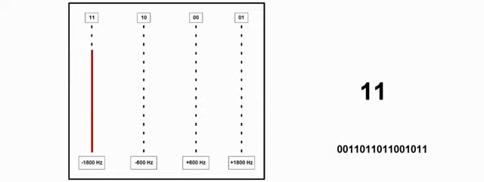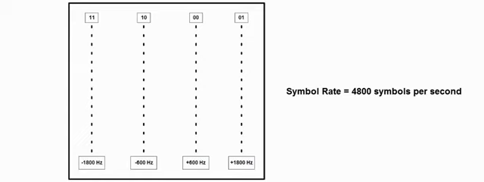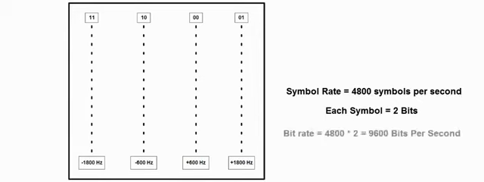And a plus 600 Hz carrier offset represents the symbol 00. The frequency shift information is transmitted at the symbol rate of 4800 symbols per second. Each symbol represents 2 bits of data, so the bit rate is 9600 bits per second.